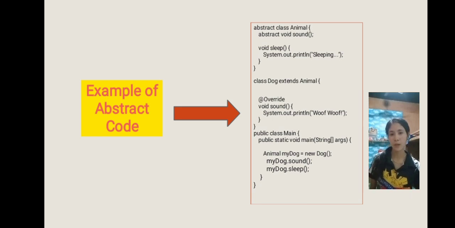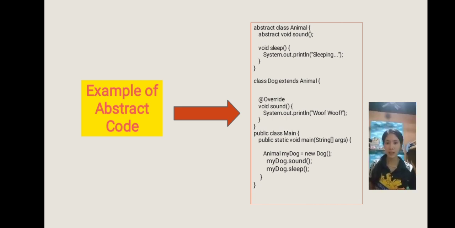In creating an abstract class, you can use private, public, or protected modifier, but don't forget to put an abstract keyword after that modifier, or you can remove that public or private or protected, whatever you use, and put abstract keyword as a modifier.